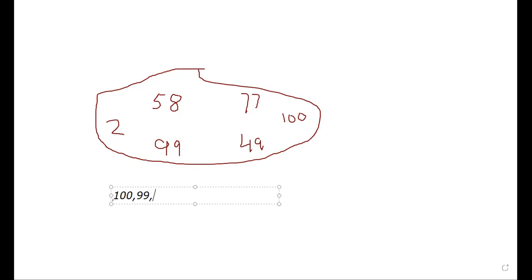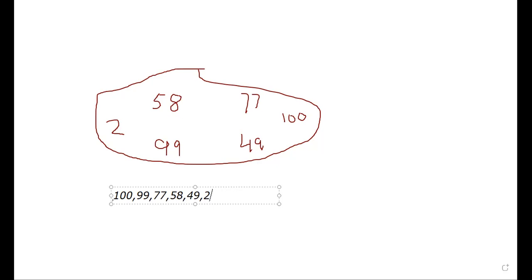After 99, 77. After 77, the next is 58. And after this, we have 49. And in the end, we get 2. You can see we start from the largest one and end on the smallest one. In descending order, we always start from the largest and end on the smallest one.